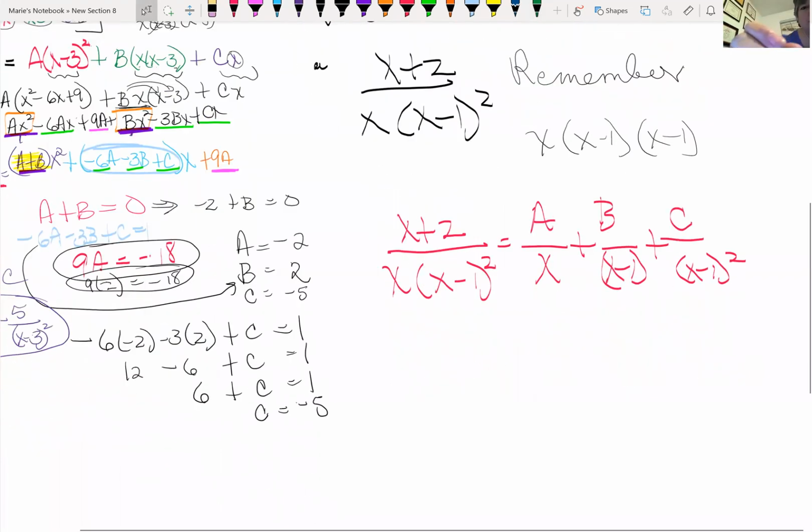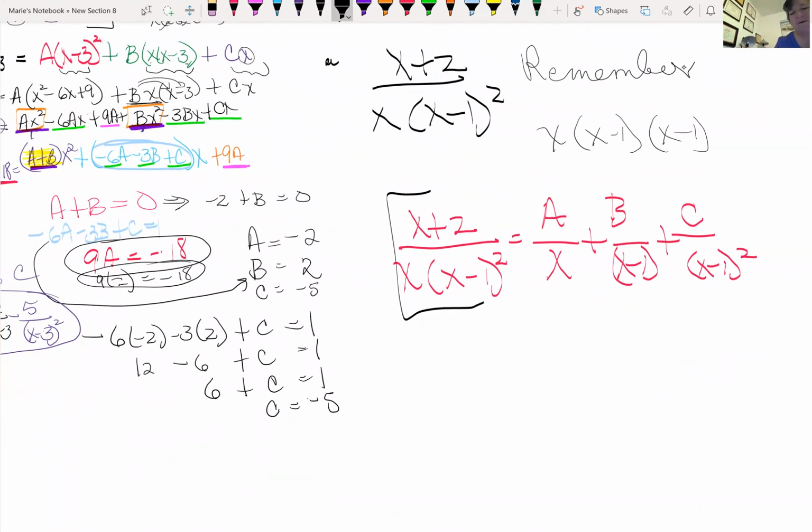All right, so we start with the first step, which after you set it up is basically going to be to multiply by the denominator x times x minus 1 squared on both sides.